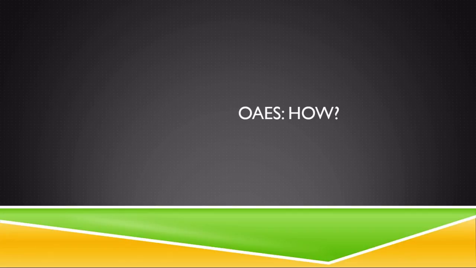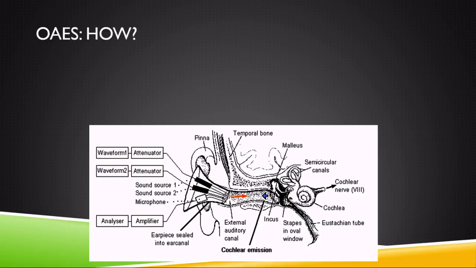So how do we do OAEs? Basically, you're going to stick another probe, just like the TIMP probe, in a person's ear, and that probe is going to have essentially 2 speakers and a microphone.